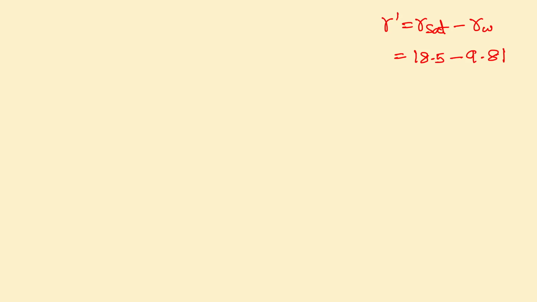So what is 18.5 minus 9.81? It is around 8.69 kilonewton per meter cube. Please let me know if I make any calculation mistake. So gamma submerged is 8.69.